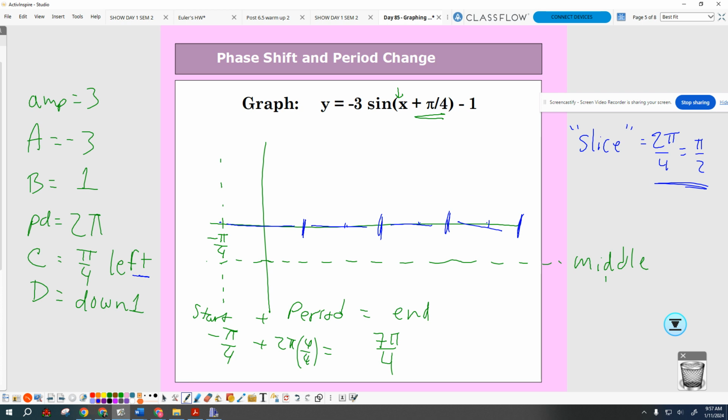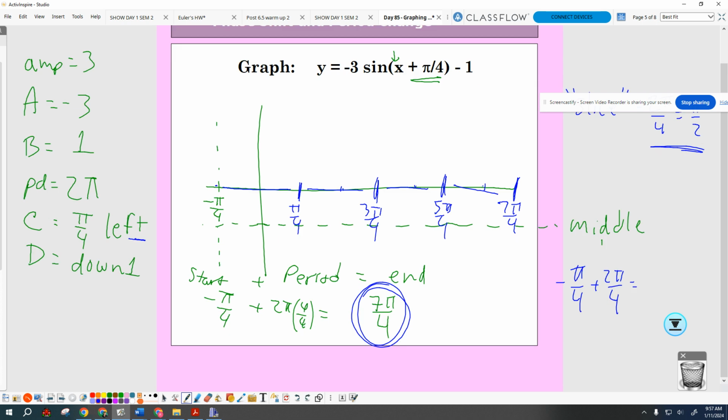So negative pi over 4 plus pi over 2 is positive pi over 4. Plus another pi over 2, 3 pi over 4. Plus another pi over 2, 5 pi over 4. Plus another pi over 2, I get 7 pi over 4, which makes our whole wave, our full complete wave.